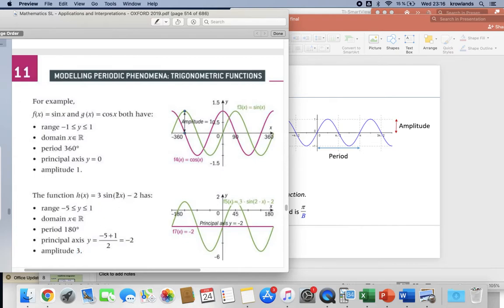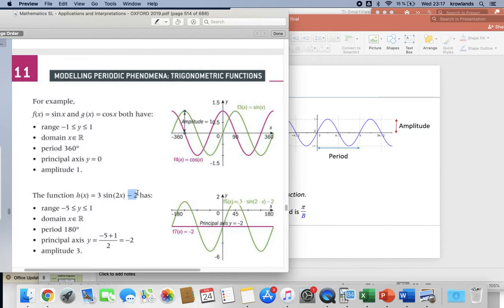We have changed the b to a 2. This affects the period, not the amplitude. The period, rather than being 360, is going to be half, because this is a 2. If this was a 3, it would be 1/3. So it's half of 360, which is 180.